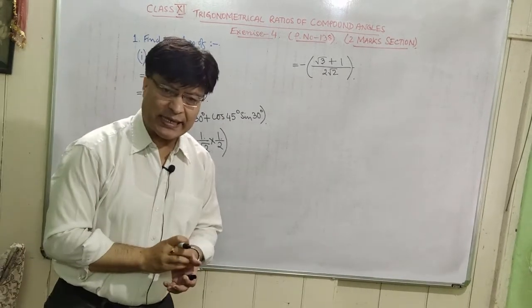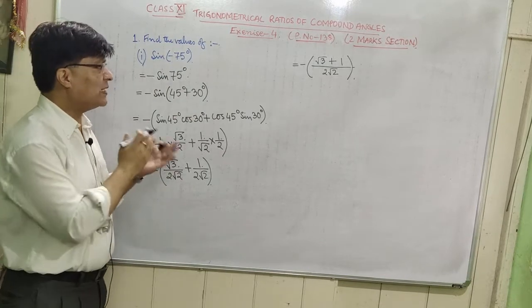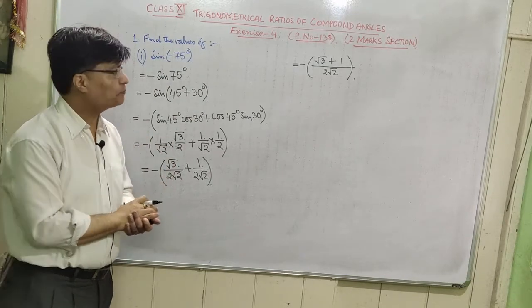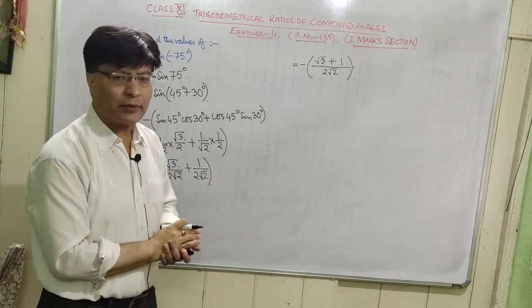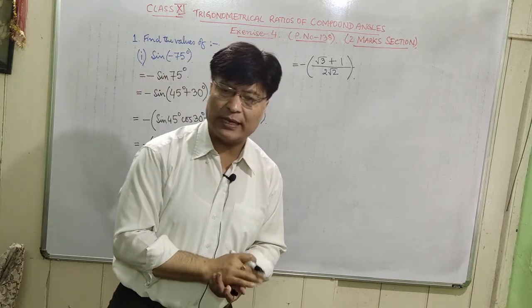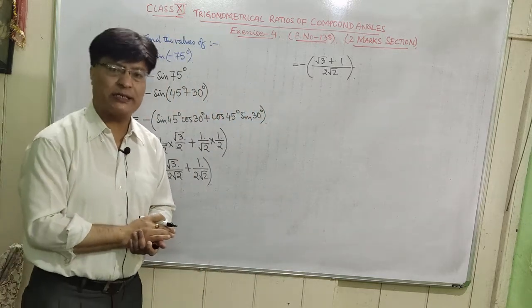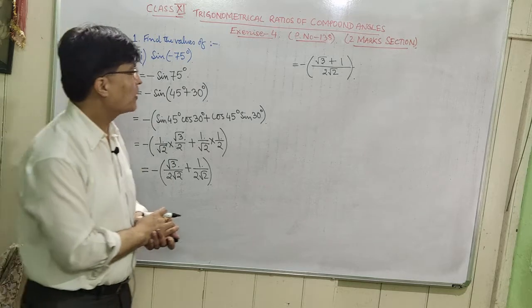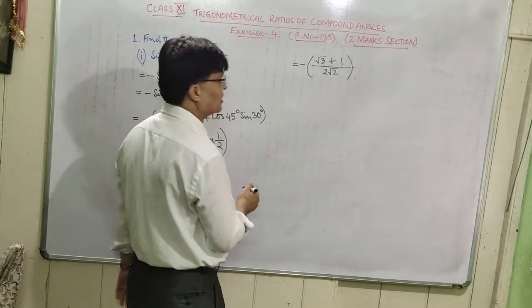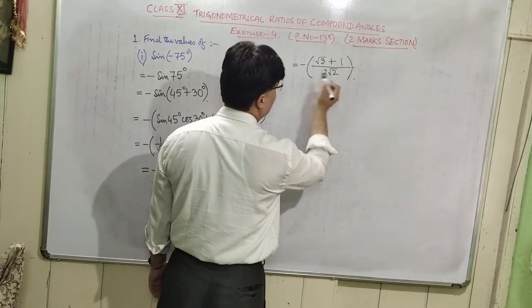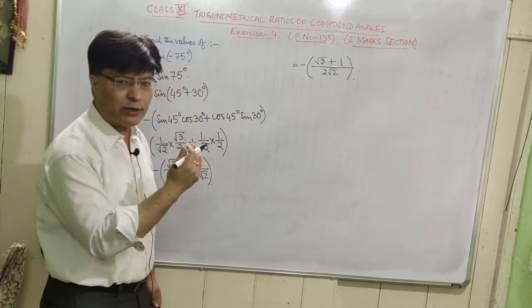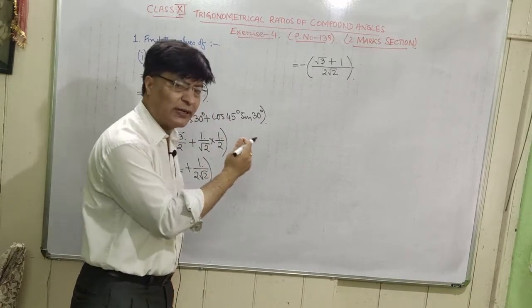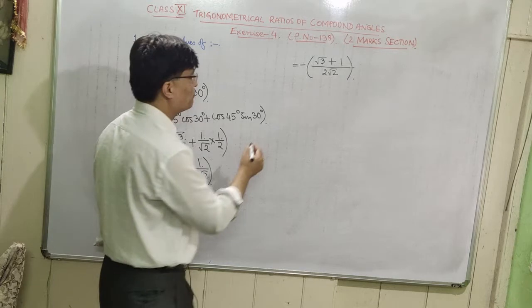Now in this case, you can keep the answer as it is, or you may remove the square root from the denominator. That means you can rationalize the denominator here. Let us remove this square root from the 2. You have to multiply both numerator and denominator by root 2.